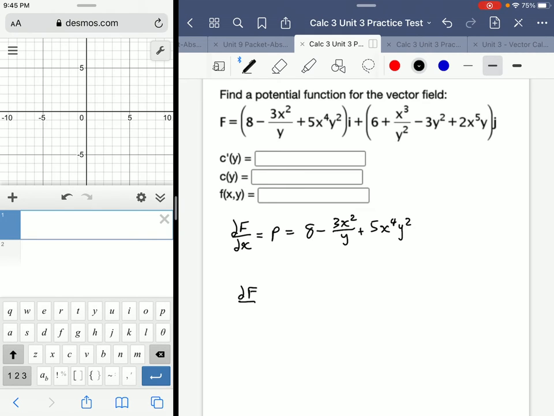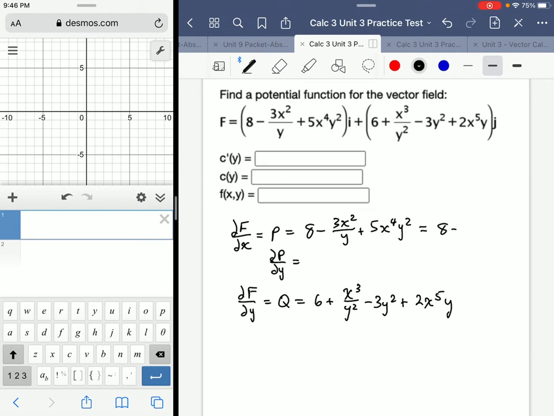The first order partial of f with respect to y, which is known as Q, is the other component, 6 plus x to the 3rd over y squared, and so on. So what we're going to do is find the first order partial of P with respect to y. In effect that's the second order mixed partial of the original function f, happening with respect to y.